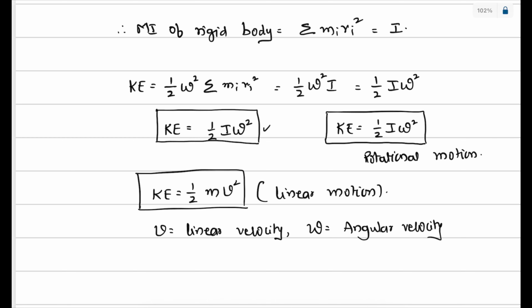Angular velocity is in radians per second, linear velocity is in meters per second, SI units. And m is the mass, that is in kg, and I is the moment of inertia, that is in kg meter square.